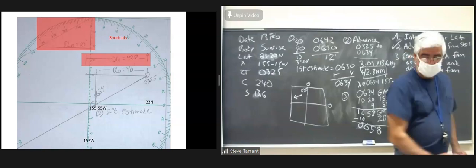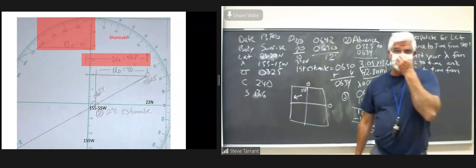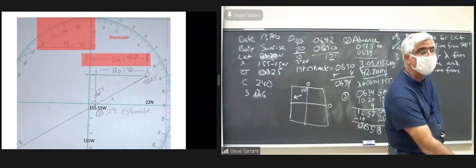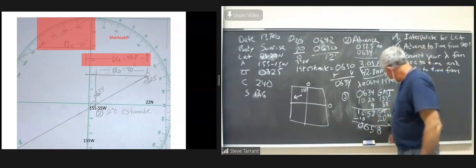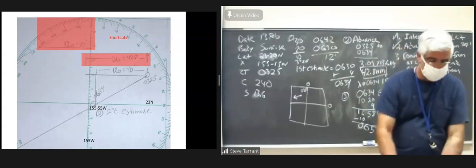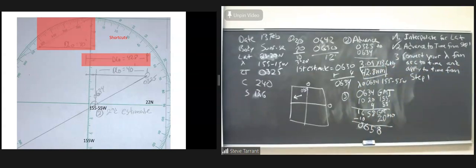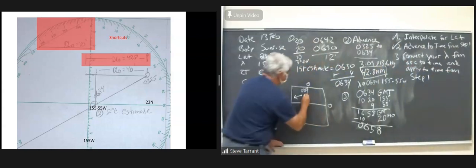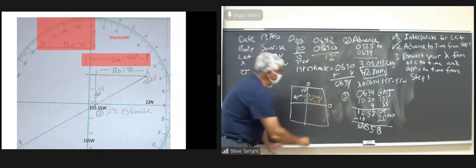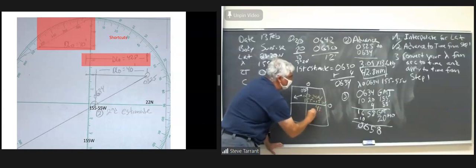So if you understood the down and dirty last class and you want to use it again, you don't have to plot. You can just take the 42.8 miles, pretend it's longitude. What you would do is say, I was at 2320 by 155.15 west, and now I'm going to apply 43 miles.